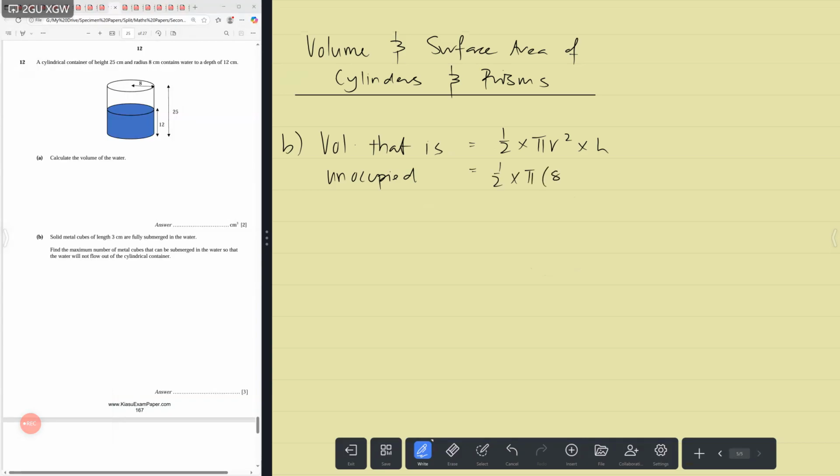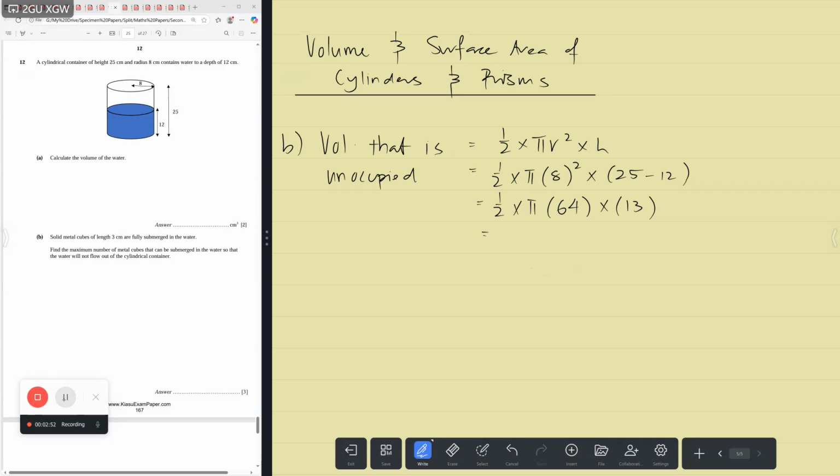So it will be pi, the radius is still 8 squared here, times the balance height, which is 25 minus 12, which is actually 13. Okay, so calculating this, pi times 64 times 13.